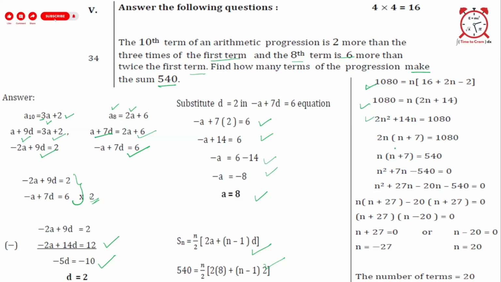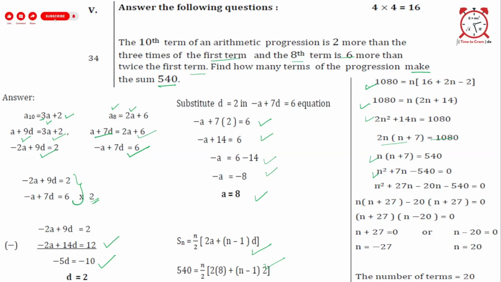Take 2n common. Dividing both sides by 2, we get n into bracket n plus 7 is equal to 540. So now this is the quadratic equation, n square plus 7n minus 540 equal to 0.